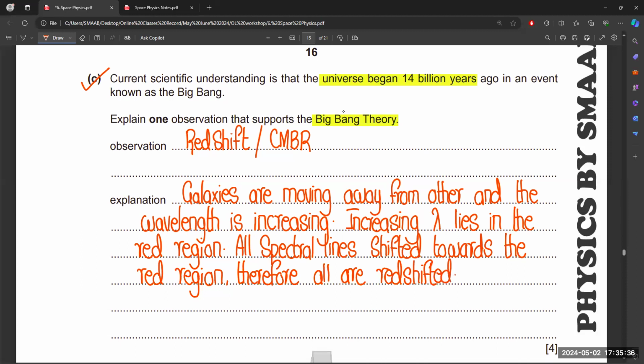All the spectral lines or all the wavelengths are redshifted, and it is also the evidence.